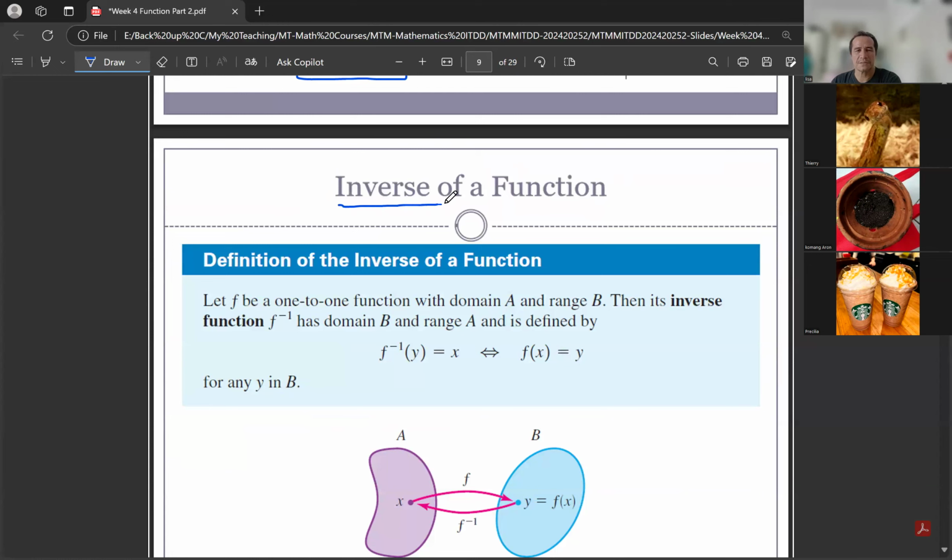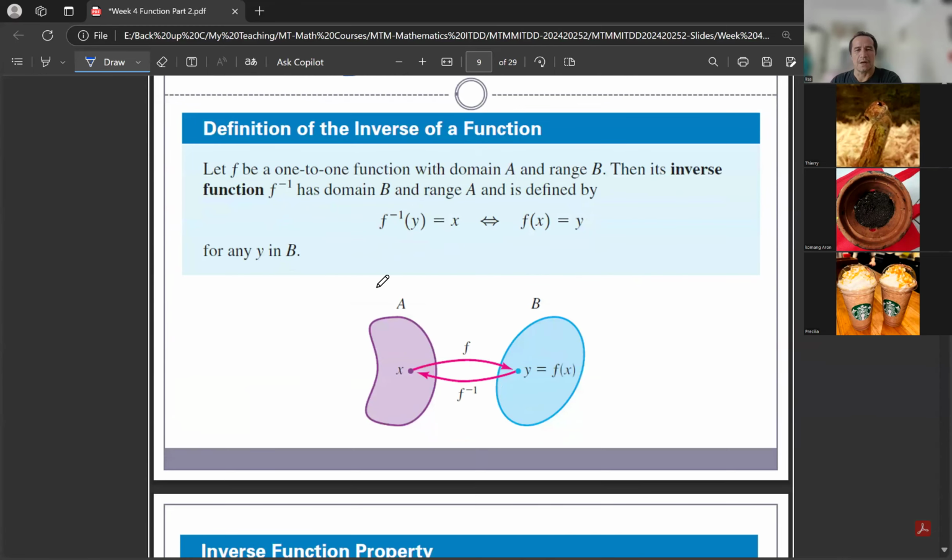This is inverse of a function. What does it mean by inverse of a function? Inverse of a function is a function such that the arrow of the function is reversed with the arrow of the original function. This is f from A to B, x to f(x).